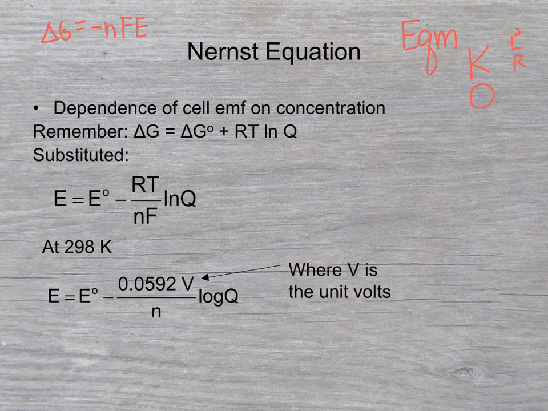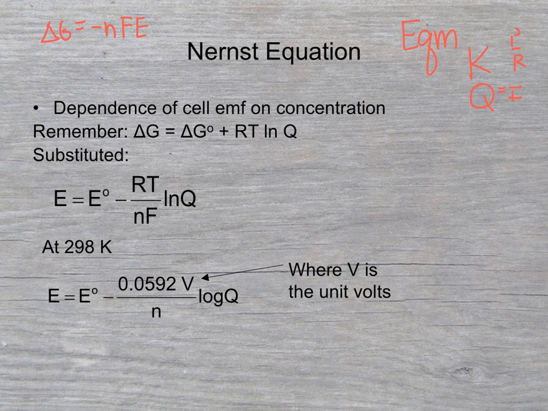And then we also had Q, and that was for the initial conditions. So I'm going to put an I there to help us remember that that was at initial conditions. When we are looking at the concentration in a particular cell, we're going to be looking at those values and deciding how that affects the spontaneity and the free energy.